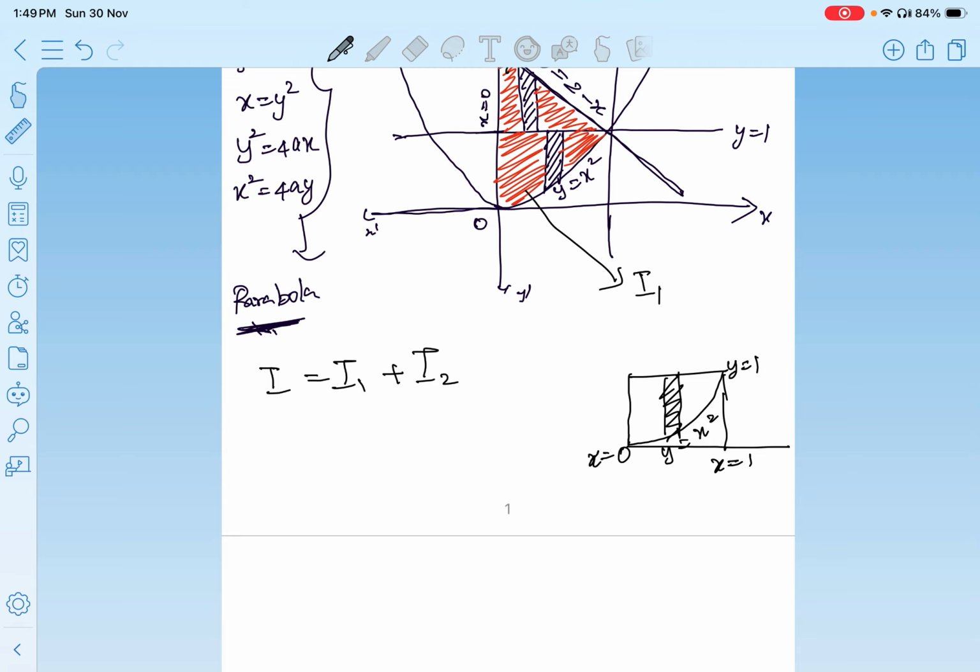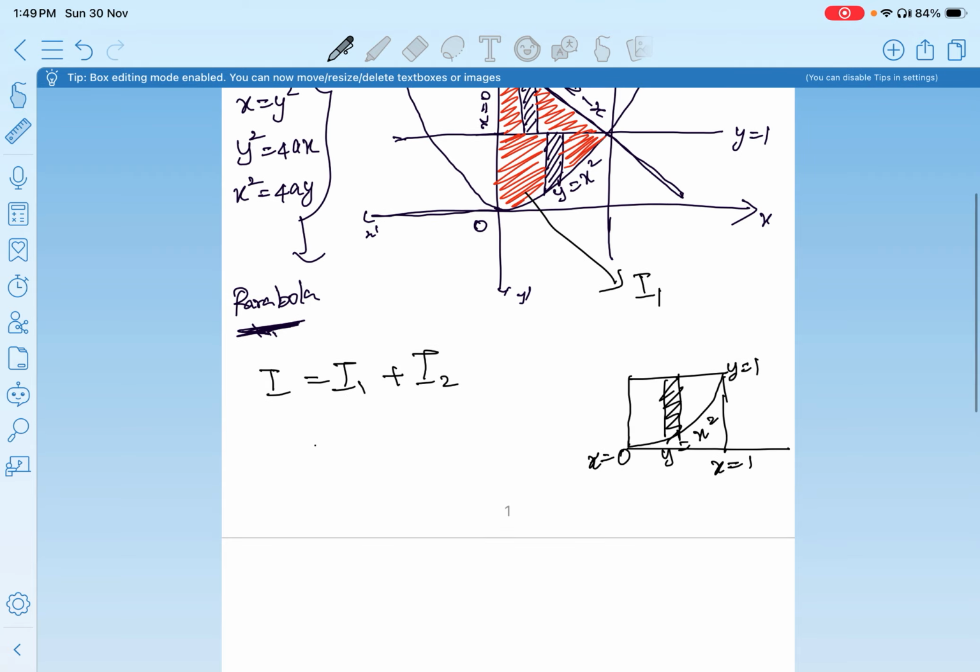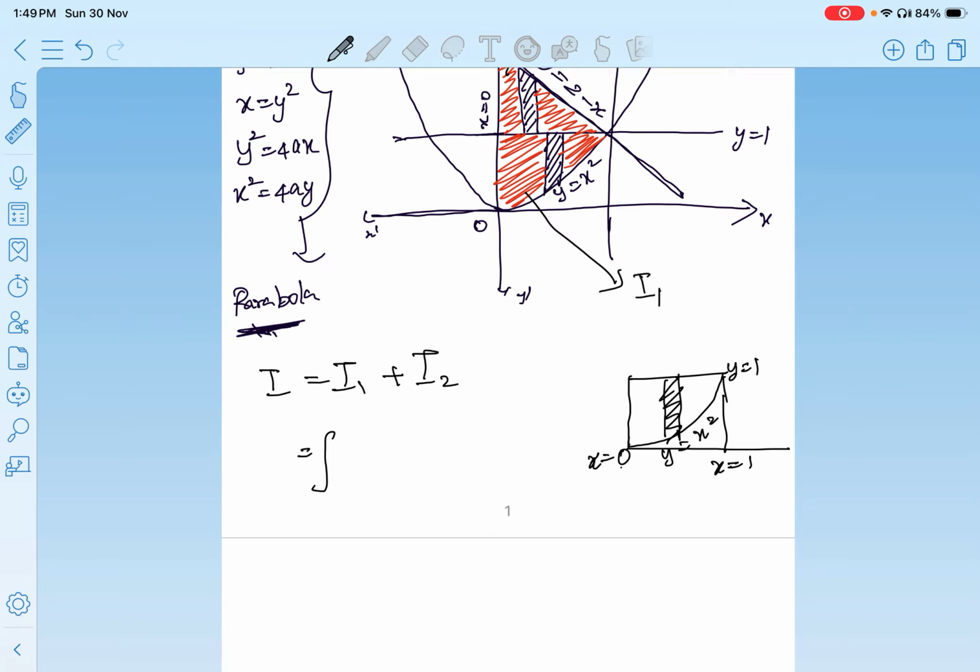Now we are going to write the first integration. Integral from where? From 0. You first choose x, and then y. So x is 0 to 1. And the next one, y. Where does y fall on the curve? Y equal to x square to y equal to 1.